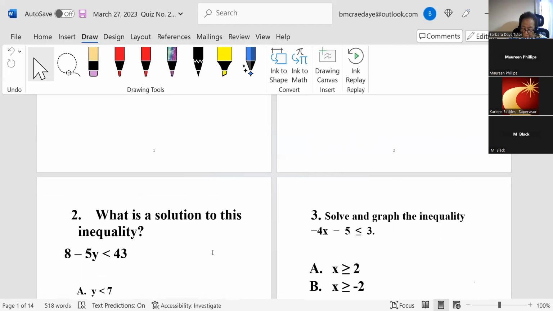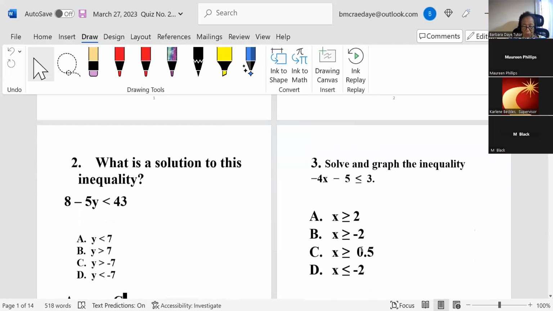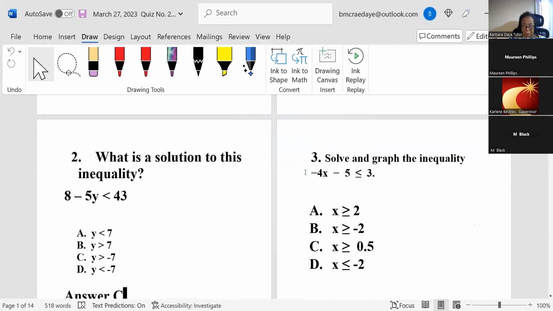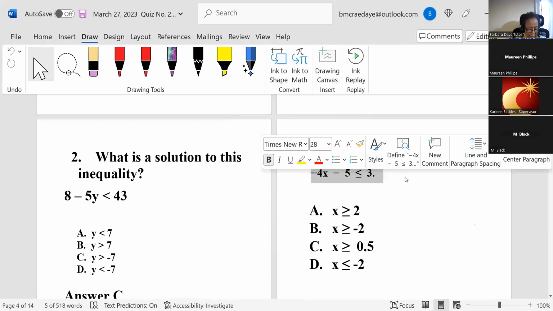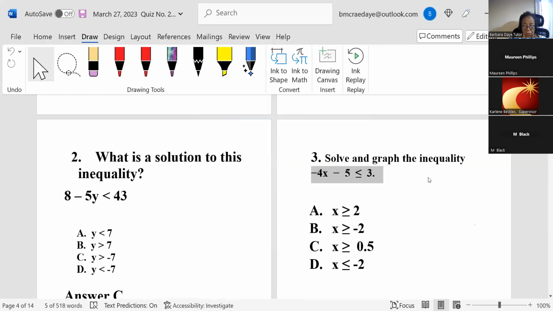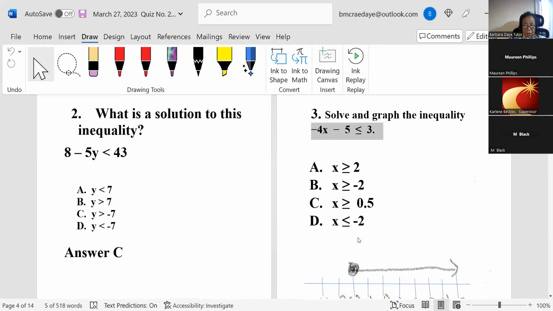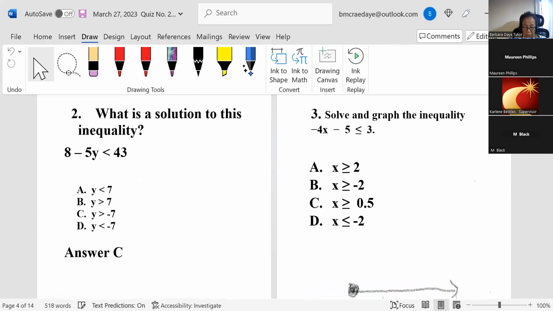Number three, you both said A. Mercedes, I want you to tell me, what did you do for number three? Let me just copy it. Minus 3x minus 5 less than or equal to 3. Okay, so how did you solve it?